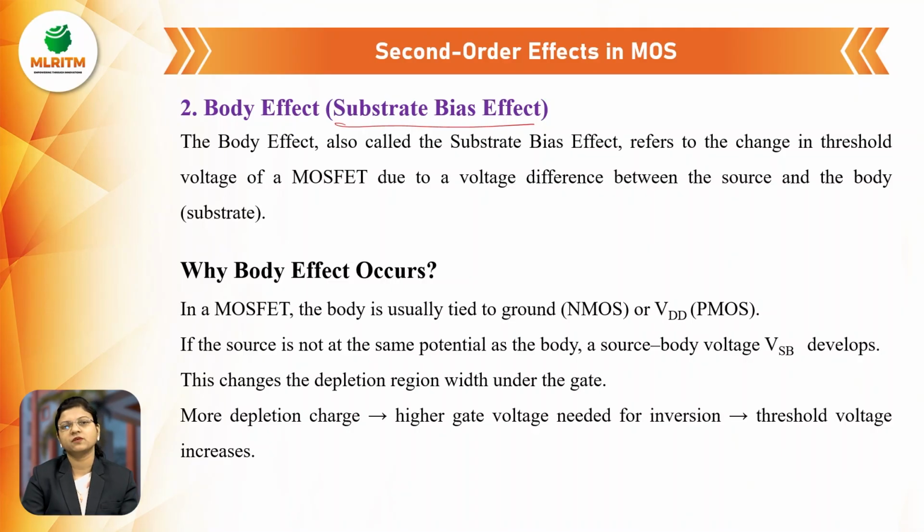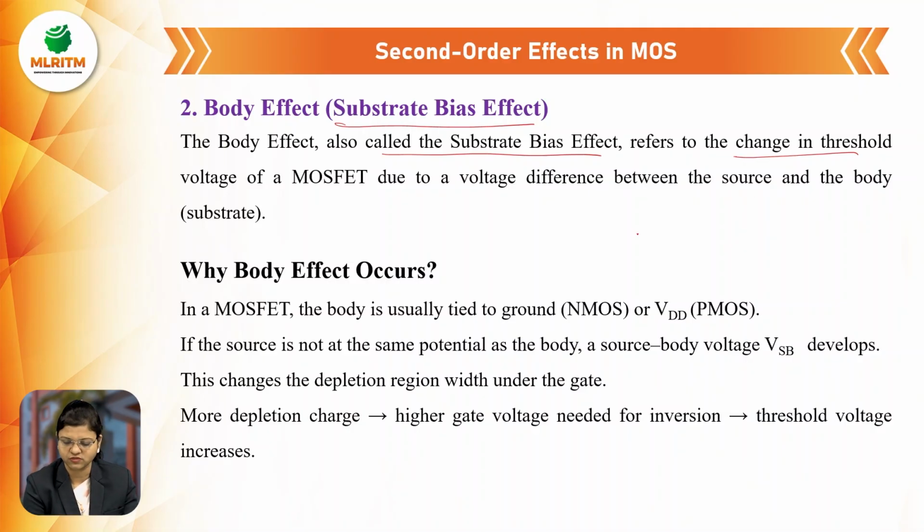If we consider the body effect, a depletion region forms due to the body, and it takes more energy to form the channel, meaning it increases the threshold voltage. If there is no body effect, the threshold voltage required is less, and if there is a body effect, the threshold voltage required to create the channel is more. The body effect, or substrate bias effect, refers to the change in the threshold voltage of the MOSFET due to the voltage difference between source and body.